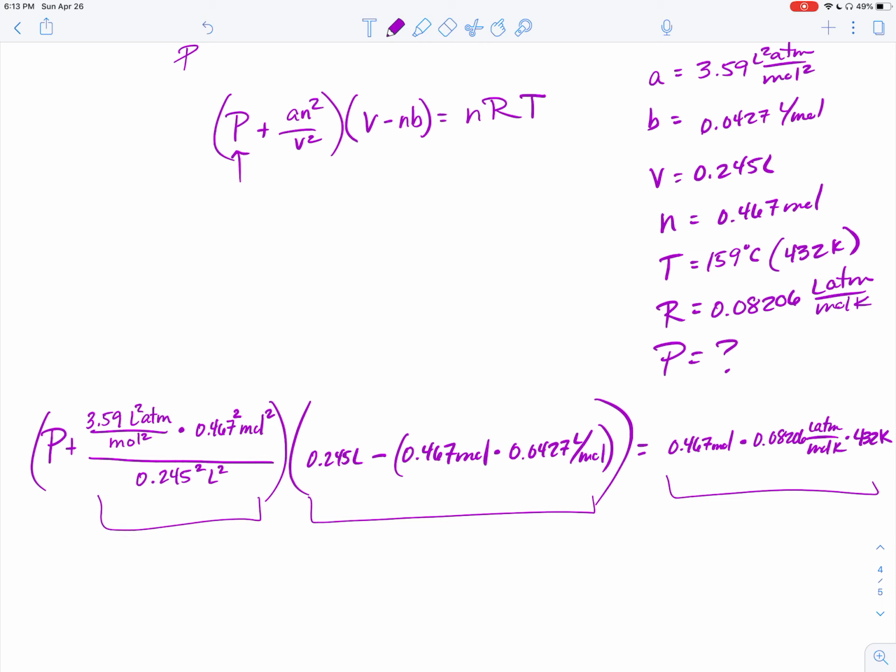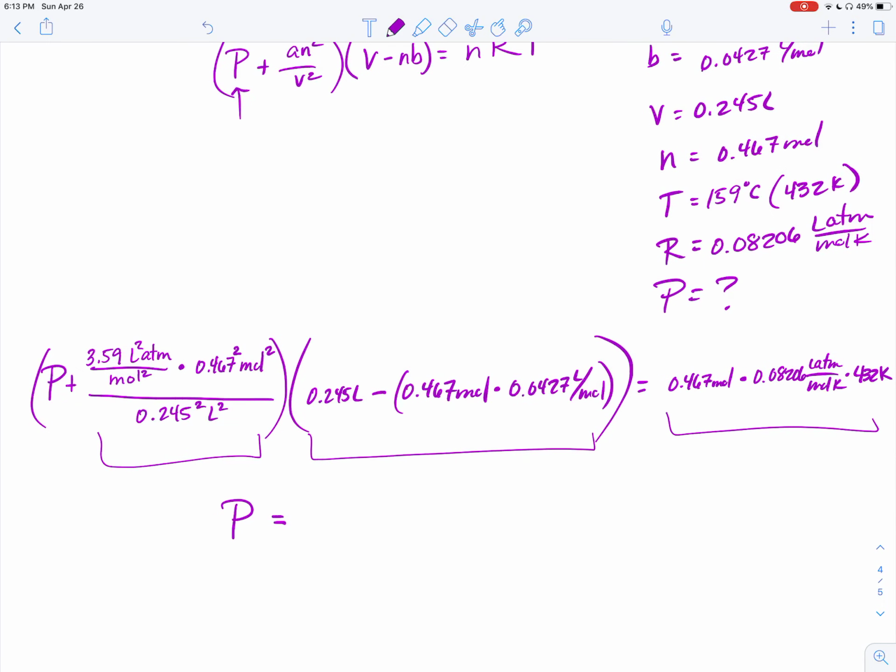And then what you'll end up doing is having your pressure be equal to all of that stuff moved over to the right-hand side. And if you need some help doing this basic algebra, enter a comment, send me an email, and I can post another video on that. But what I'm going to do is go ahead and give you the answer. And this ends up being 60.8 atm.